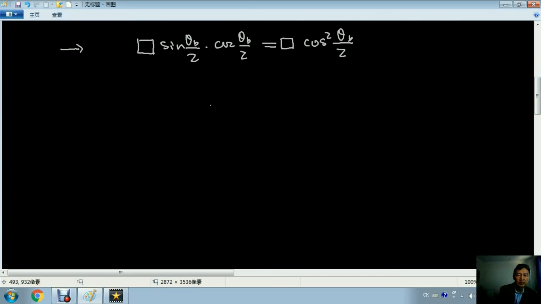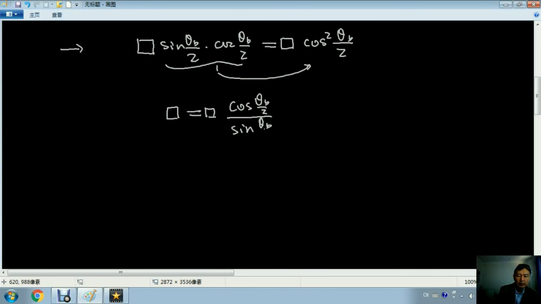In this case, if we divide both sides by this, what we have is that this coefficient will become cosine half theta b divided by sine half theta b.